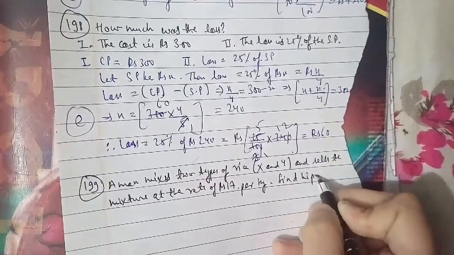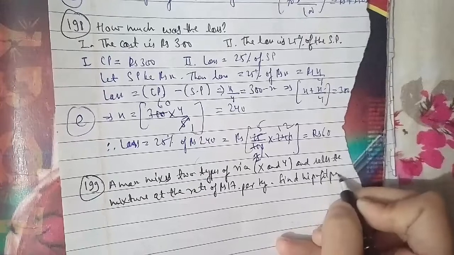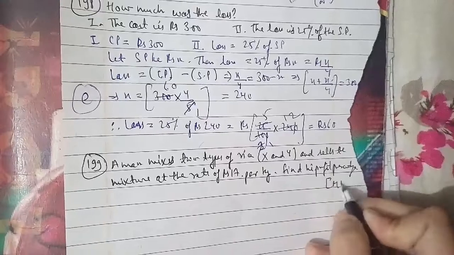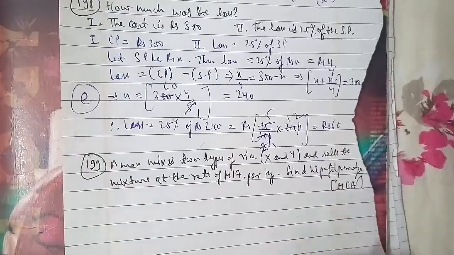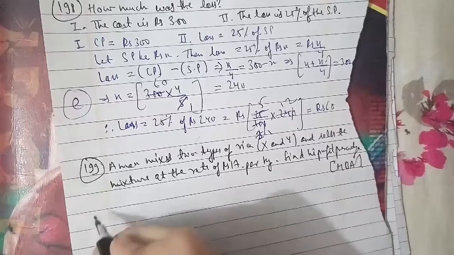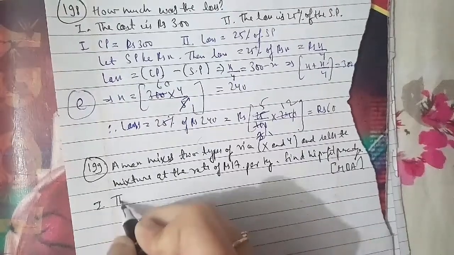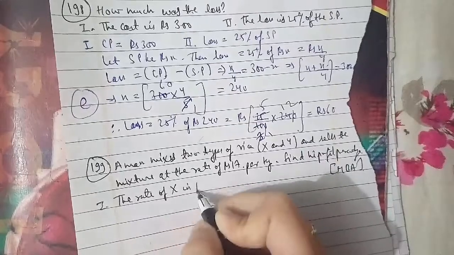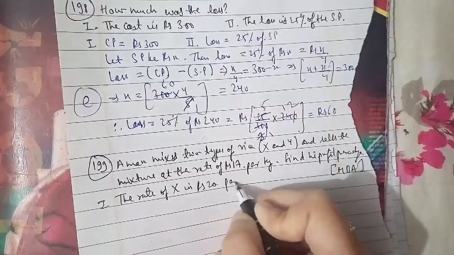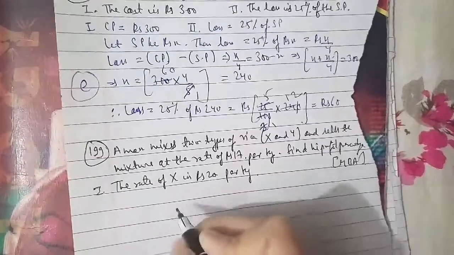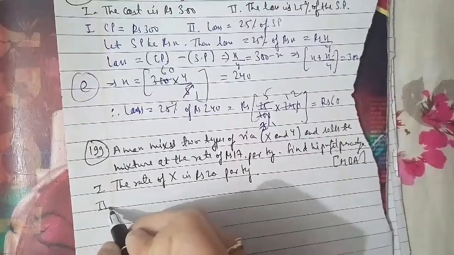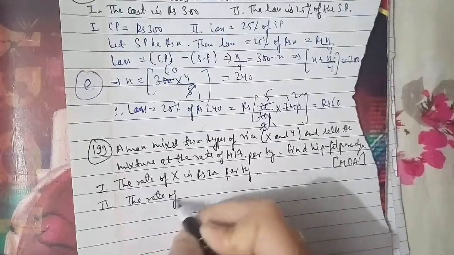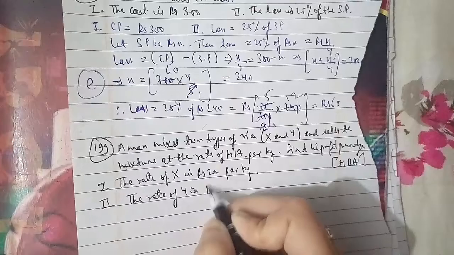Find his profit percentage. This has been asked in the MBA examination paper. The statement we have: the rate of X is rupees 20 per kg. The second statement is the rate of Y is rupees 13 per kg.